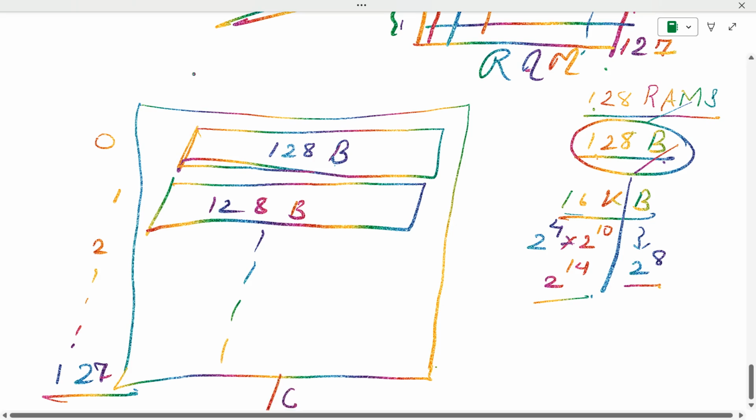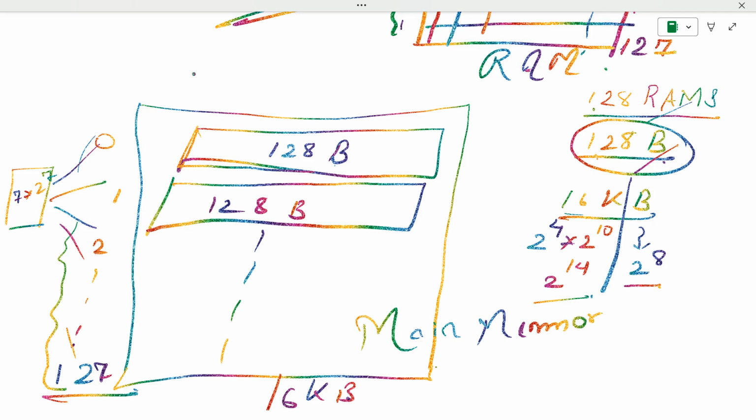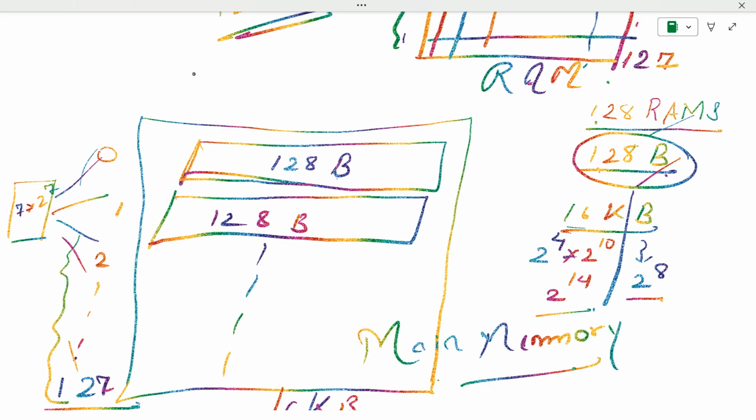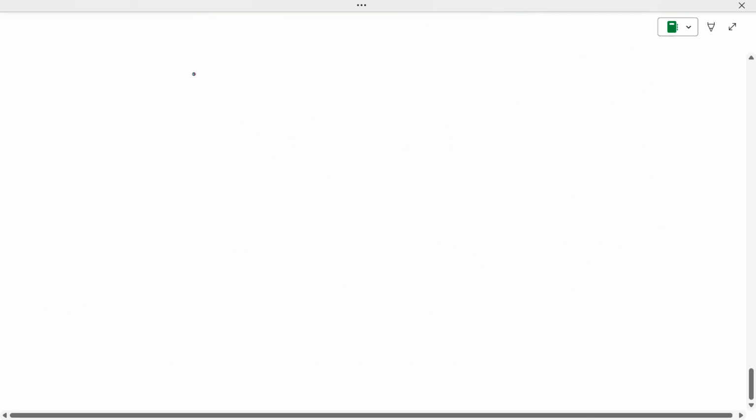So altogether this will be a 16 KB memory, and here we have altogether 128 rows. So we can have a decoder here, a 7 to 2 raised to the power 7 decoder, decoding all these lines. So this can be the main memory structure based on the RAM capacity and total number of RAMs required. This way we can organize our memory.